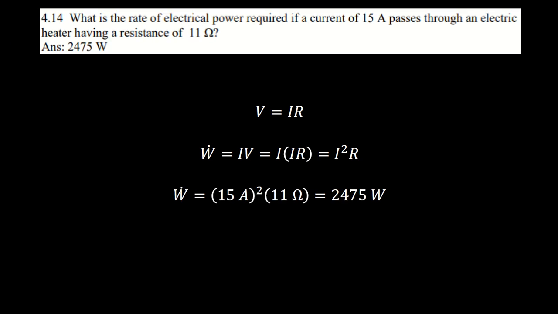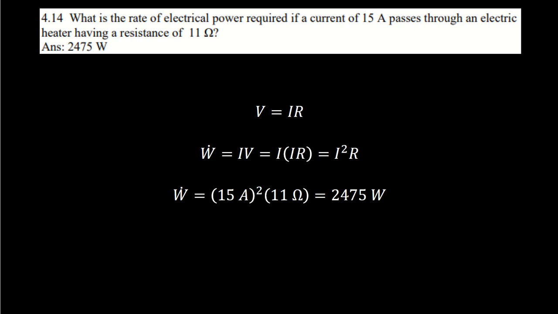And lastly, 4.14. What is the rate of electrical power required if a current of 15 amps passes through an electric heater having a resistance of 11 ohms? Similar story, Ohm's law is V equals IR.